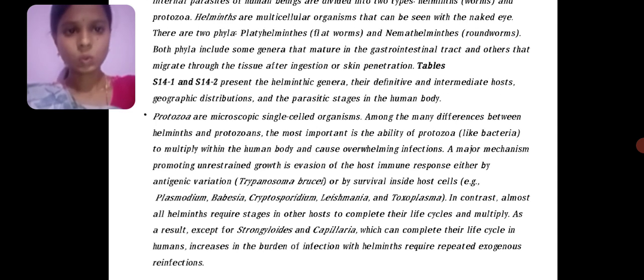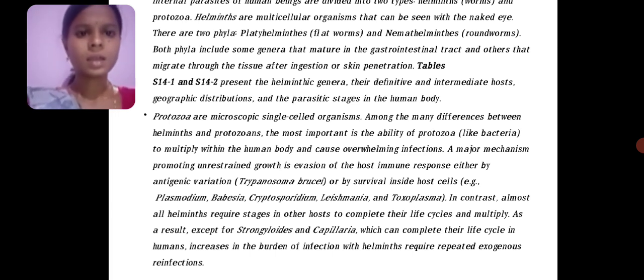Protozoa are microscopic single-celled organisms. Among the many differences between helminths and protozoans, the most important is the ability of protozoa, like bacteria, to multiply within the human body.